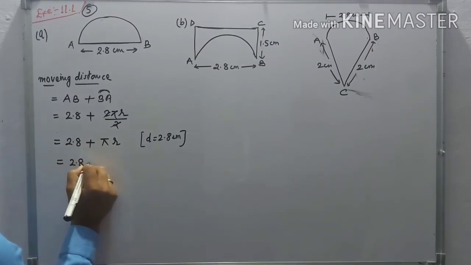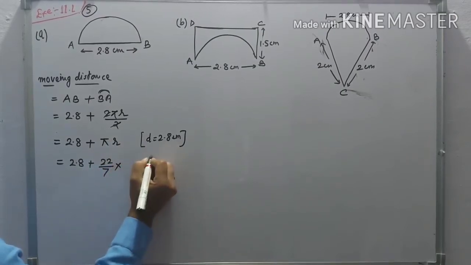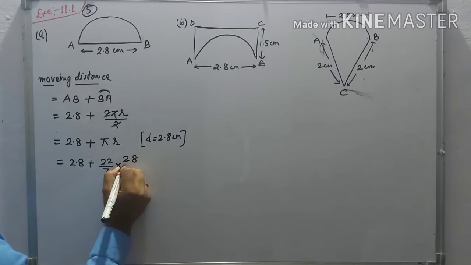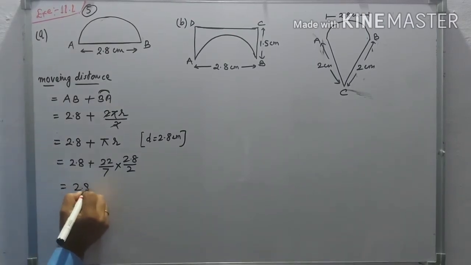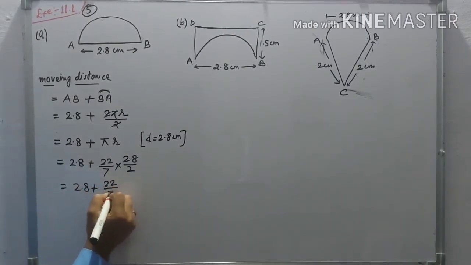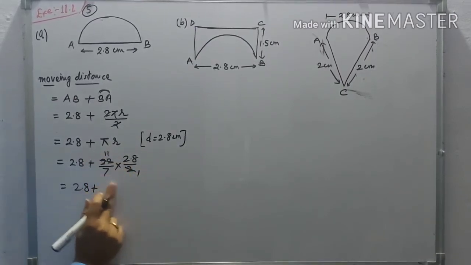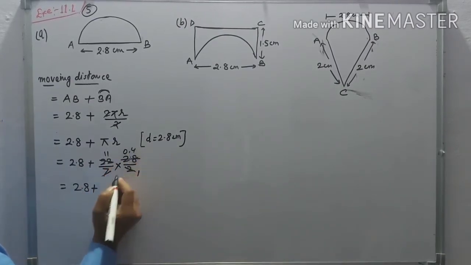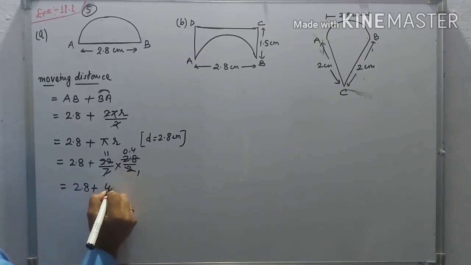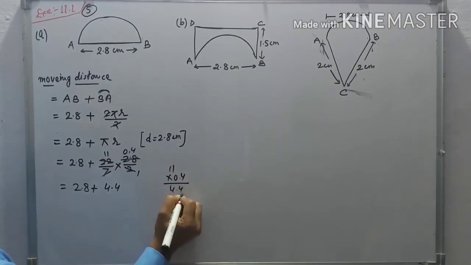So it is 2.8 plus 22 upon 7 into 2.8 upon 2, the radius. Cancel 2 with 2 to get 11, and 7 into 7 gives 0.4. Multiplying 11 by 0.4 is 4.4.